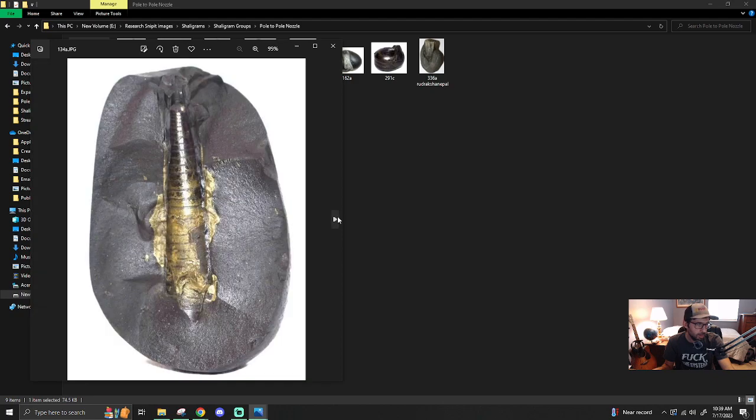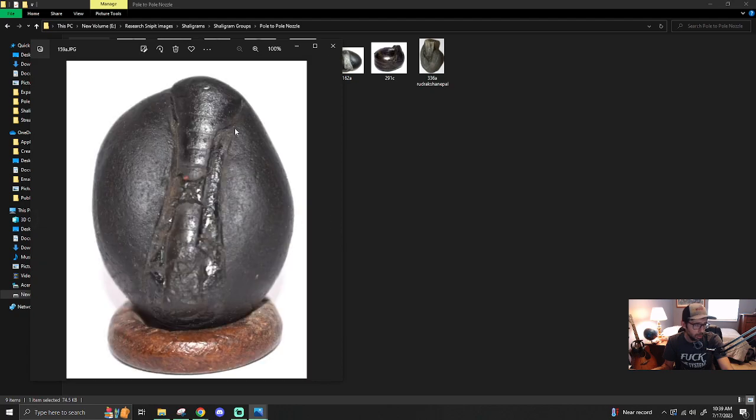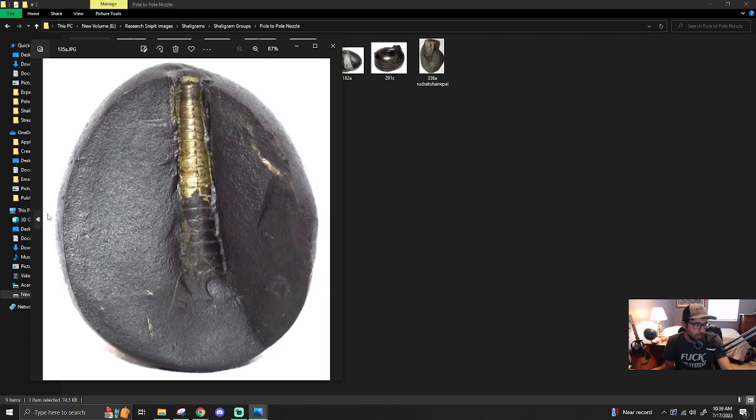I'm fairly certain these have broken open, although they look kind of smooth, so maybe these were found like this. They probably broke open. This is smooth in terms of its flowing. This is much more like broken open.